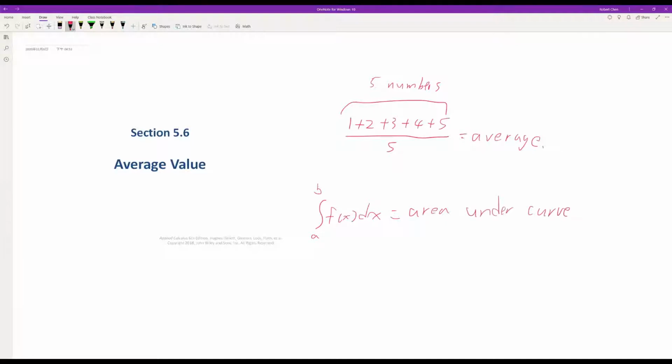From the definition, from earlier, we know that it's the sum of small rectangle areas. So we can actually find the average of a definite integral, and it's given to you like this.